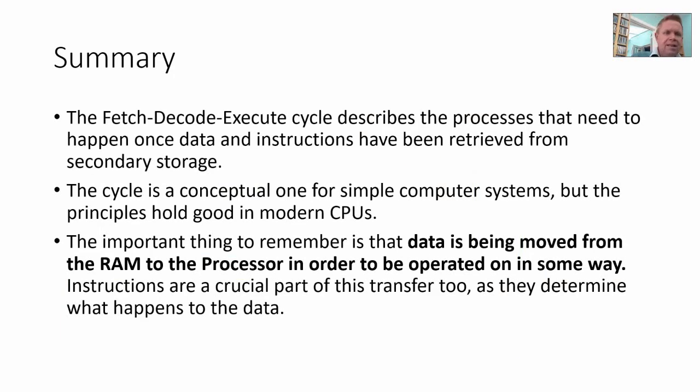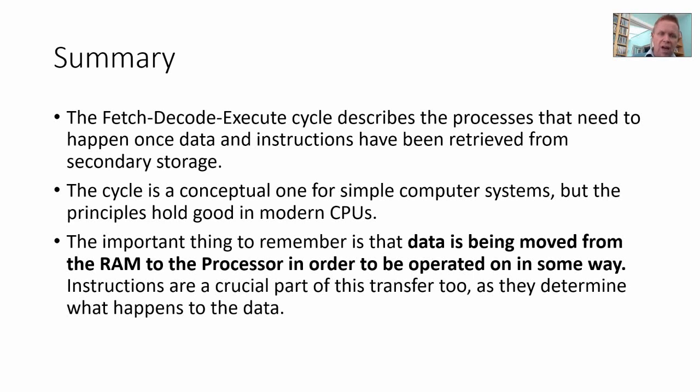So let's summarize what we've just looked at. The fetch, decode, execute cycle describes the processes that need to happen once data and instructions have been retrieved from secondary storage. Now that's often the hard drive. And whatever's in the hard drive goes into the random access memory, so a program, for example.